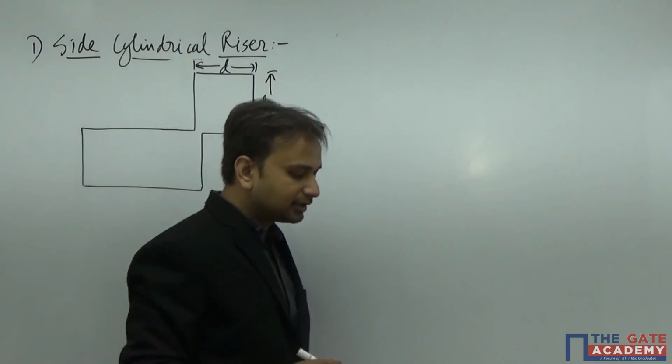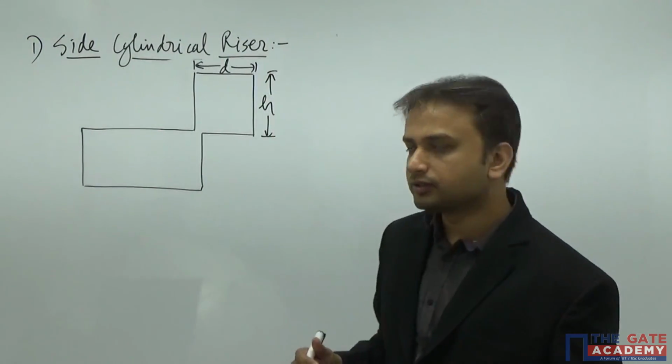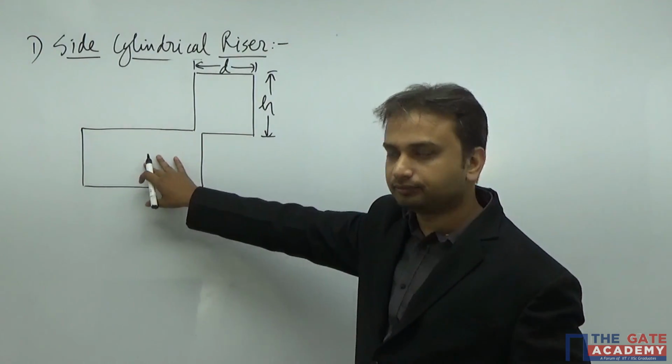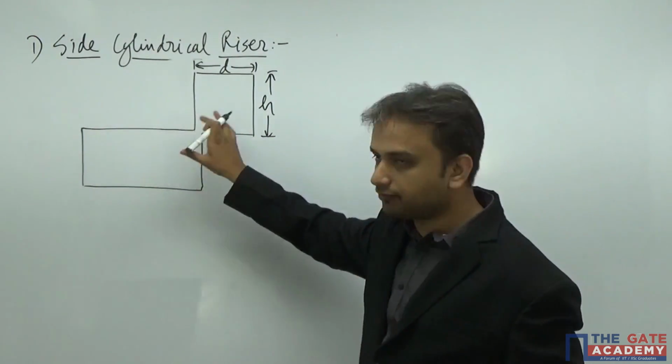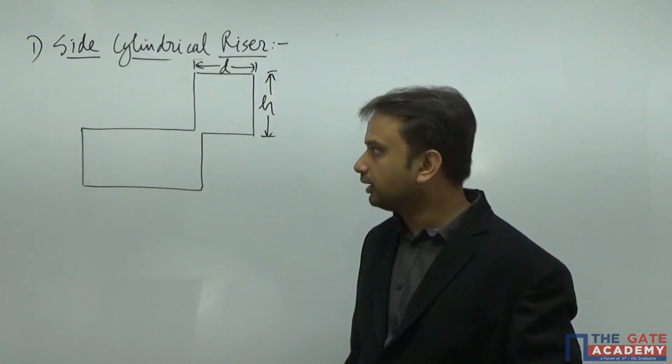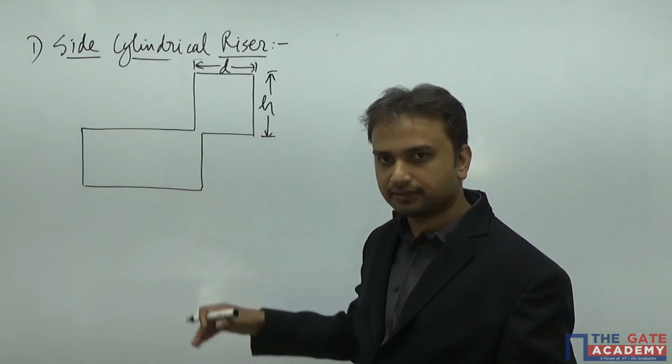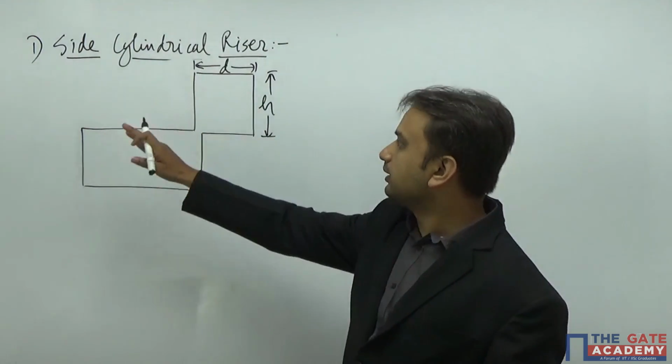Okay, so side cylindrical riser looks like this. There is a casting cavity here, and there is a riser, and it is completely filled with molten metal. And obviously it is in a flask, surrounded by the sand.